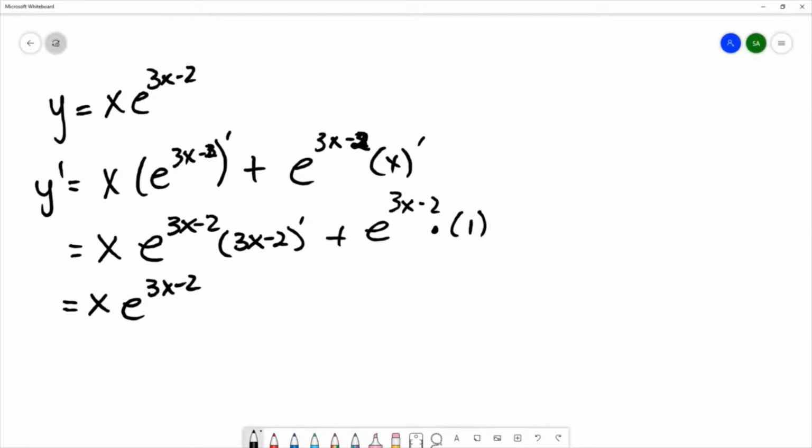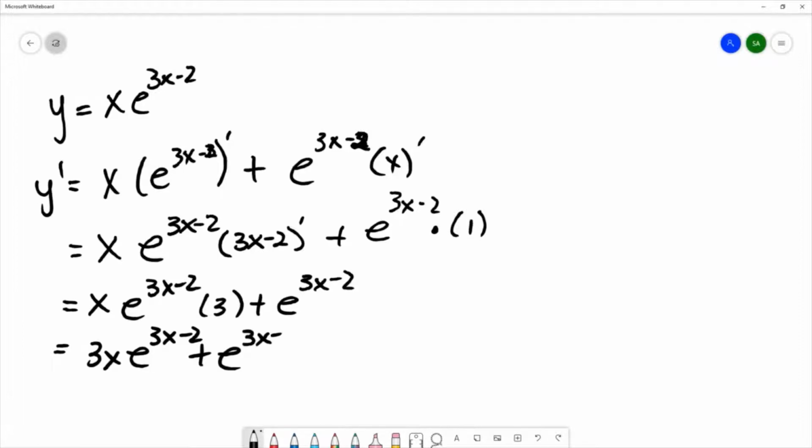The derivative of 3x minus 2 is 3. And I can multiply that 3 and x together to get 3x e to the 3x minus 2 plus e to the 3x minus 2. And if you would like, you could factor out e to the 3x minus 2 and get 3x plus 1.